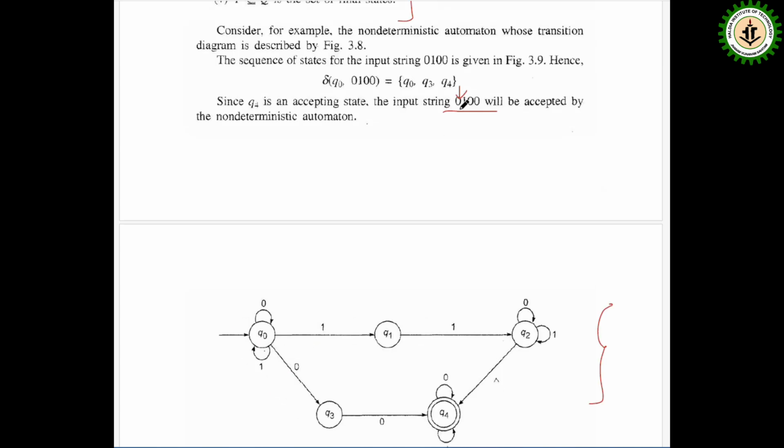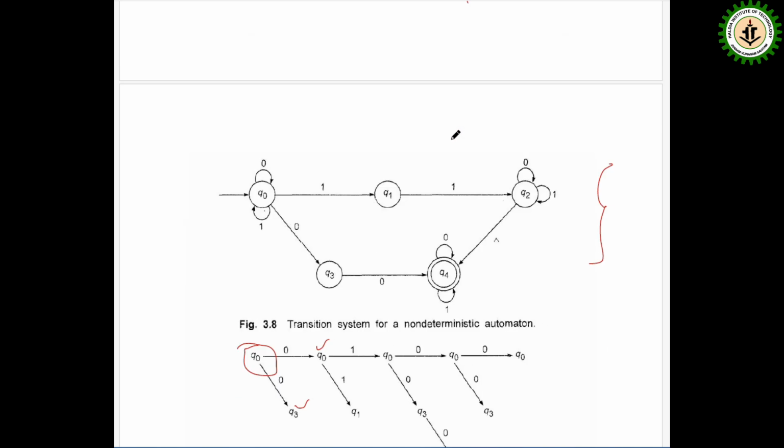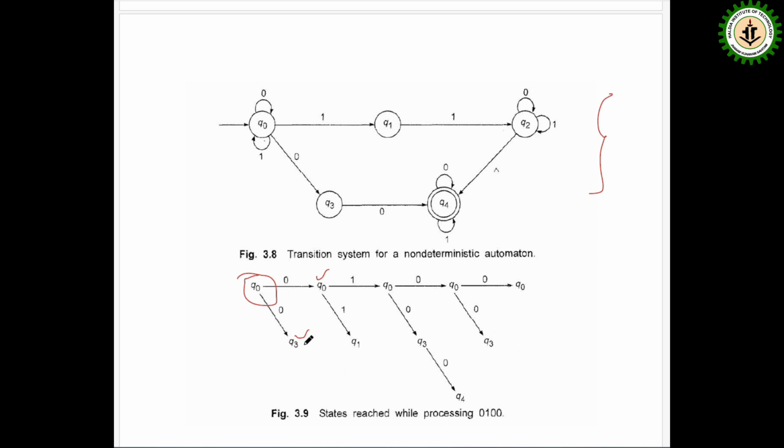The next symbol is 1. From Q3, there is no such edge using 1, so this process terminates here. But from Q0, we can get two different states using 1: one is Q1 and another is Q0. So we have to take both cases.